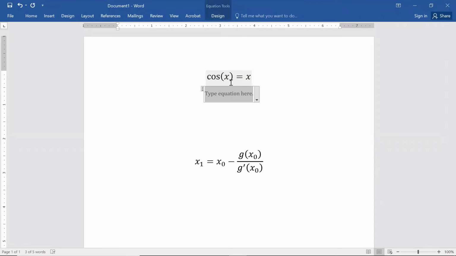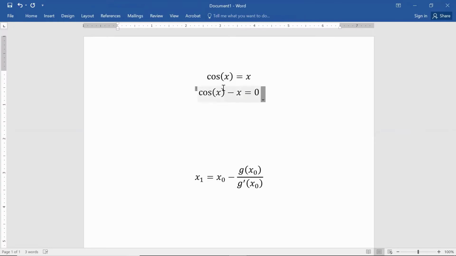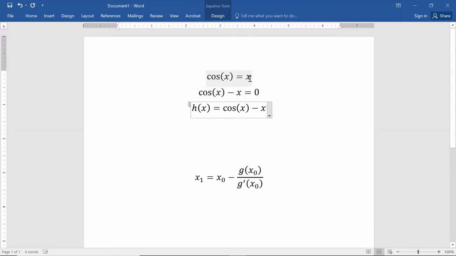So we're going to get cosine of x minus x equals 0. Then I can create a function, we'll call it h, which is cosine of x minus x. And the roots of h of x are the solutions to cosine x equals x.